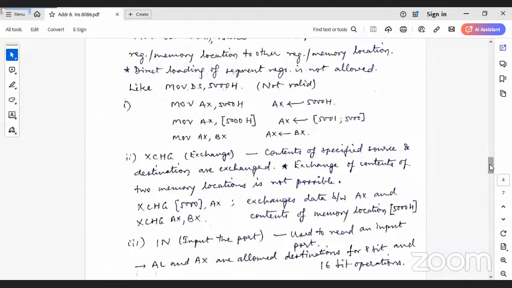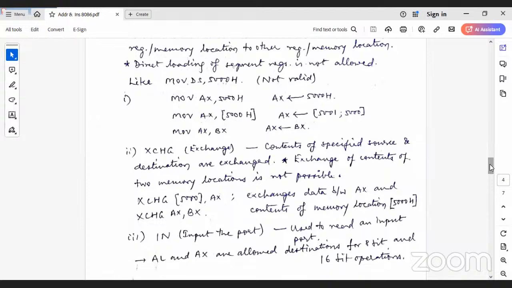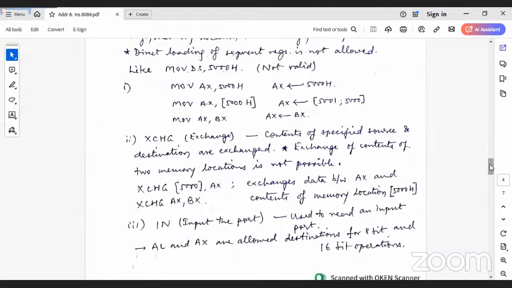In this also the examples are given. You can exchange between the contents of a memory location and a register, or between two registers, but not between two memory locations. Like exchange AX comma BX is between two register pairs, but it cannot be done between two memory locations. One memory location and one register is okay.